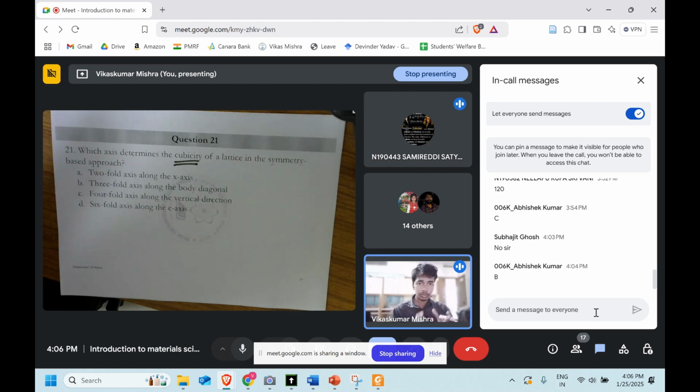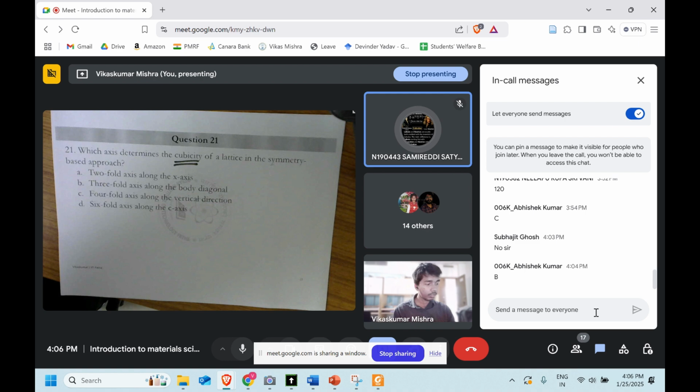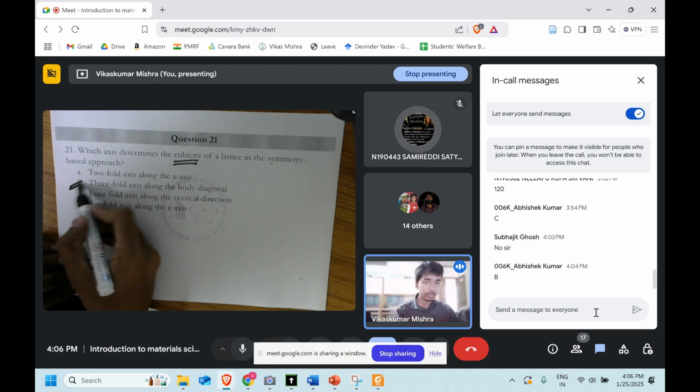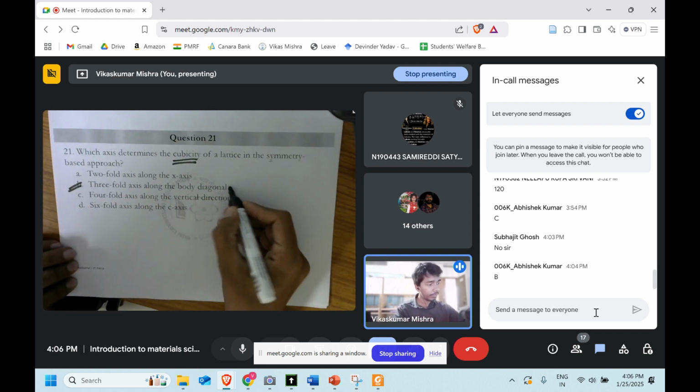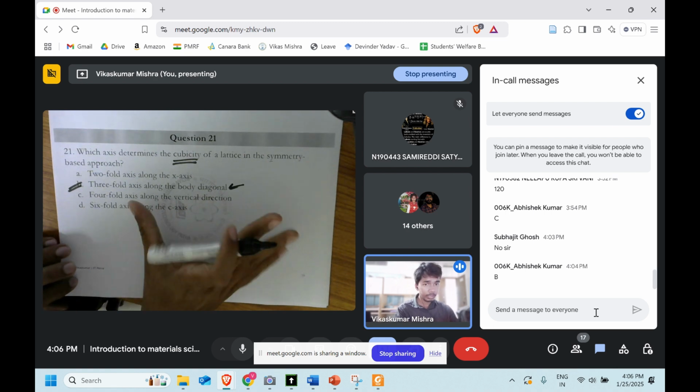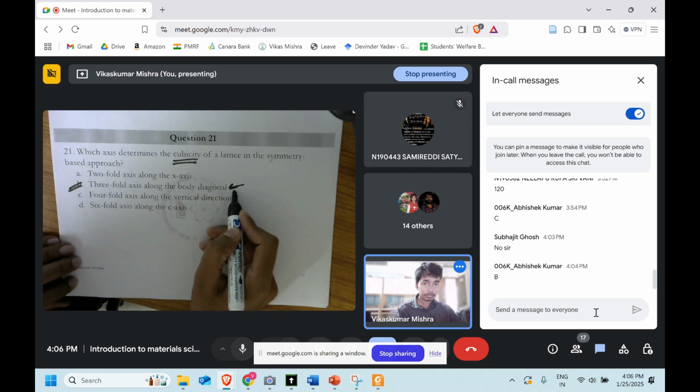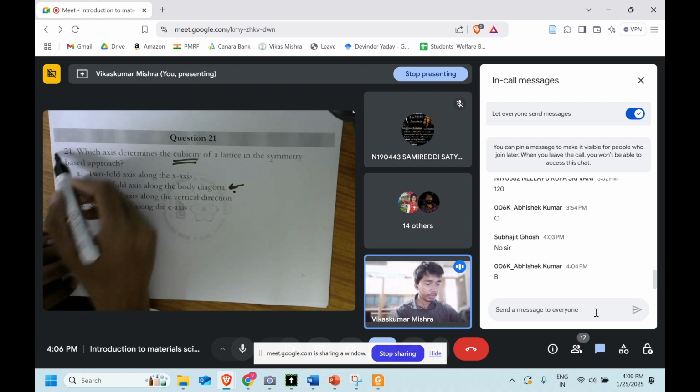For the cube, it is the threefold axis along the body diagonal. We have talked a lot about this: if we rotate about the body diagonal, the top face will come to the front and the front will go to the side. So the cubicity is defined by this. With that, we have solved question 21.